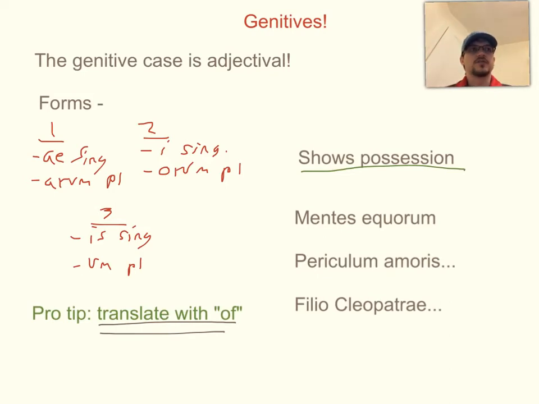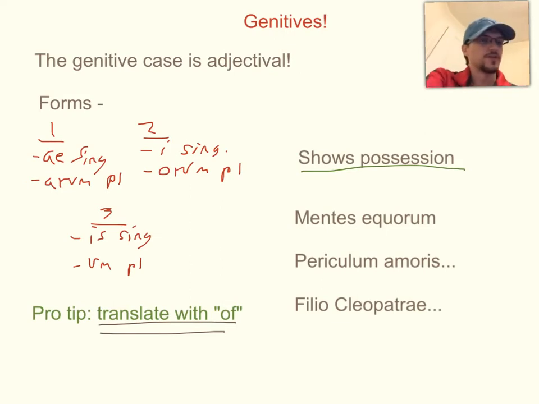It's going to be one of those things that's kind of odd because you're going to be translating one word with a preposition in English. You're not going to see the preposition of in Latin. You're just going to have that genitive case, which you're going to start translating with the word of and then the word after it. And I hope that these examples will show you what I mean by that.